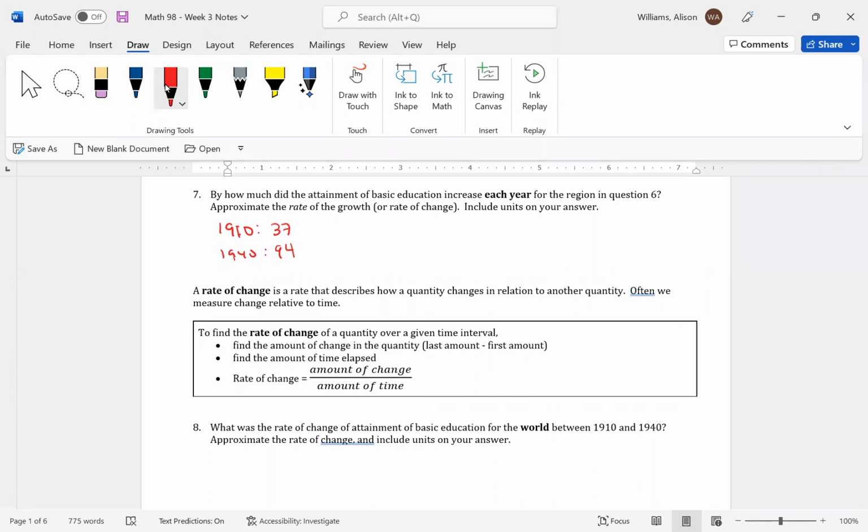Okay, so if I wanted to know how much it's growing each year, first thing I should probably figure out is how much it jumped, what the actual jump in percent is. So let me subtract these two and grab your calculator because we're going to use it. So pause the video if you need to go grab it. 94 minus 37 comes out to 57. So it was a 57% increase. Wow.